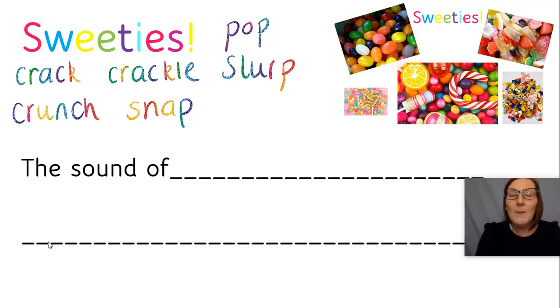And then I also thought pop sound, but also a slurp, like when you're licking your lollipop, you make that slurpy sound. So I want you to think about then, what sounds would you hear whilst you're eating your sweeties? What sounds would they make? Okay, I want you to think about that now.